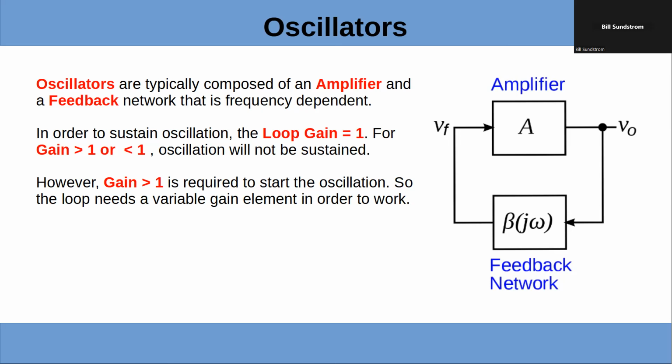If it's less than that, when you apply a voltage, it'll start kind of like ringing and then go down to 0. If it's too high, you sort of get the opposite effect and it goes to whatever the high voltage state is. So it's really kind of critical to get an oscillator circuit just right. And in a lot of cases, you'll need some sort of variable element so that you can have a higher gain to start it, and it allows it to operate at a lower gain.